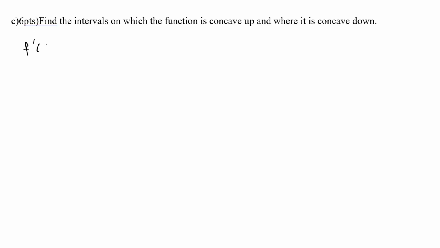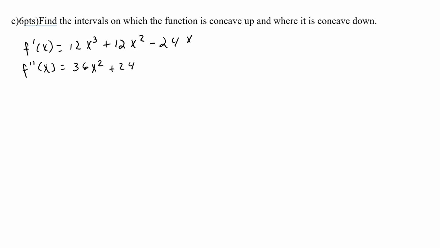Our first derivative was 12x cubed plus 12x squared minus 24x. And so then the second derivative is 36x squared plus 24x minus 24.